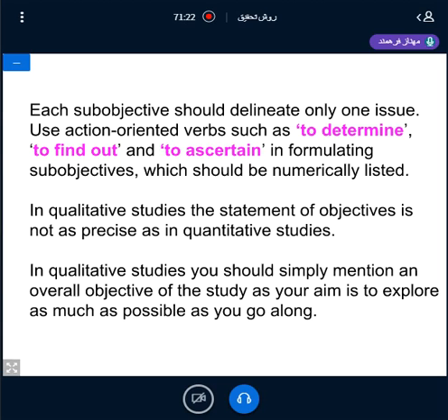So for writing sub-objectives, you must use these verbs: to determine, to ascertain, and to find out. And the sub-objectives should be numerically listed.